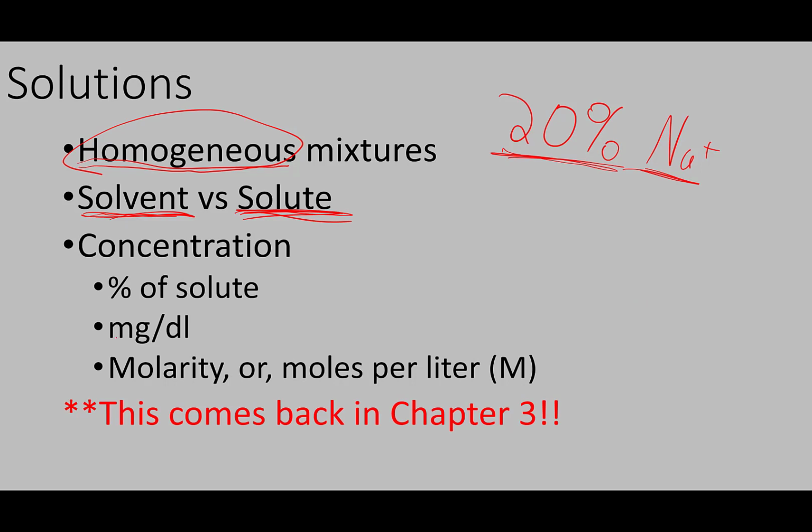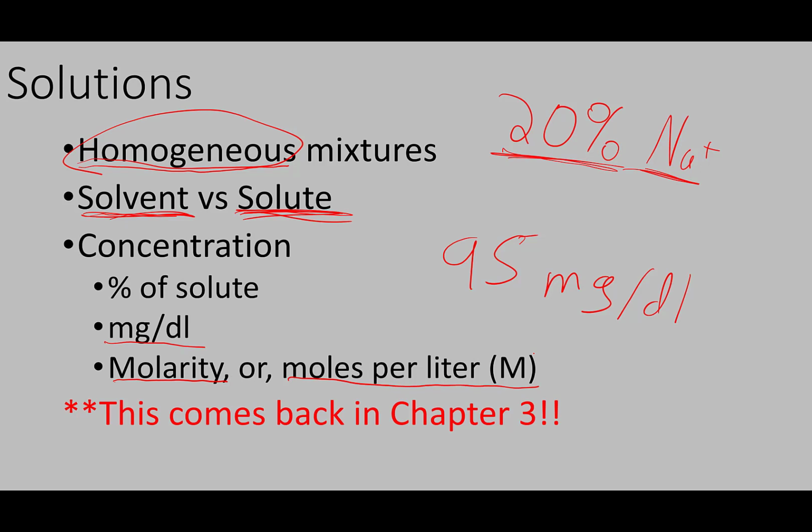We could also use milligrams per deciliter as the concentration. If you know anyone who has to test their blood sugar regularly, you may get a reading that's something like 95 on your glucose meter. And that is actually 95 milligrams of glucose per deciliter of whole blood. And lastly, we may see molarity, which is moles per liter.